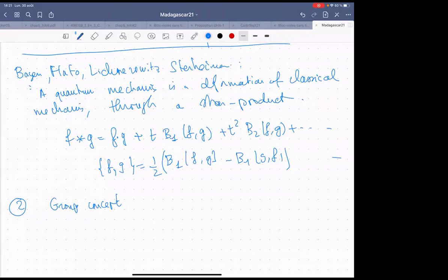If you dualize, one important property of groups is that they are autodual. If you take the dual of the dual of a group, this is a group.